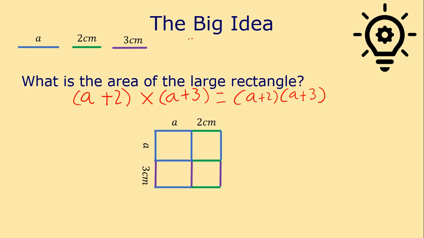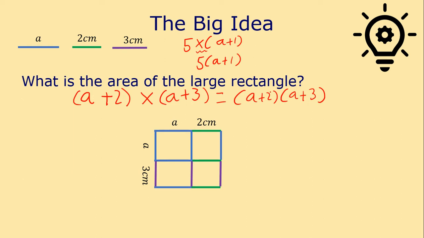Before, with single brackets, if I wanted to do 5 times a plus 1, we were just writing that as 5 brackets a plus 1, as we felt no need to include the multiplication sign. And it's the same here. This just means this times this.